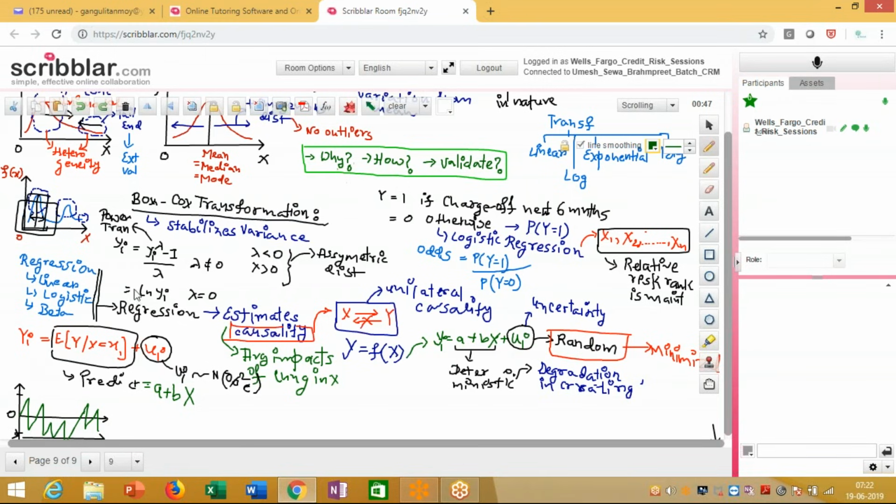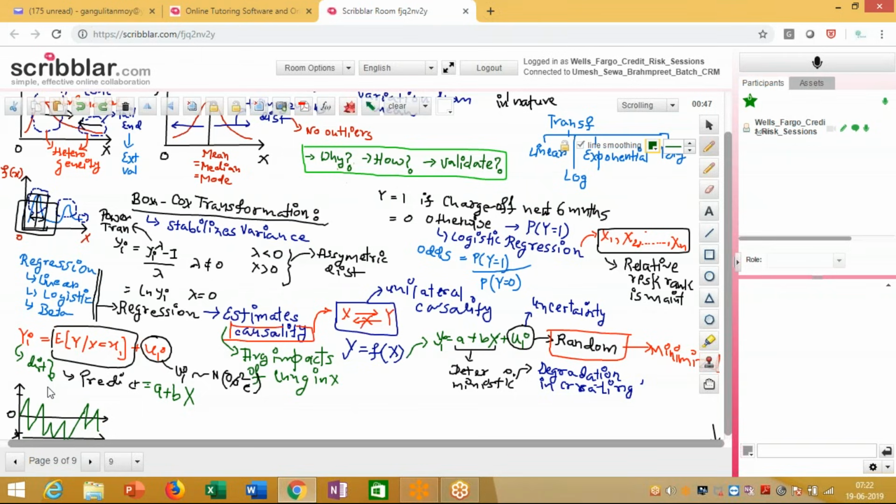What should ideally be the distribution of the variable yi? Because the distribution of yi will help me understand the choice of the appropriate method.